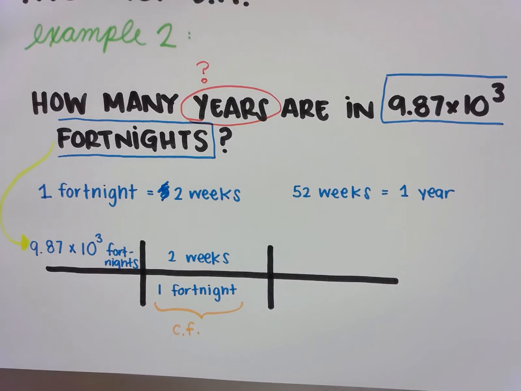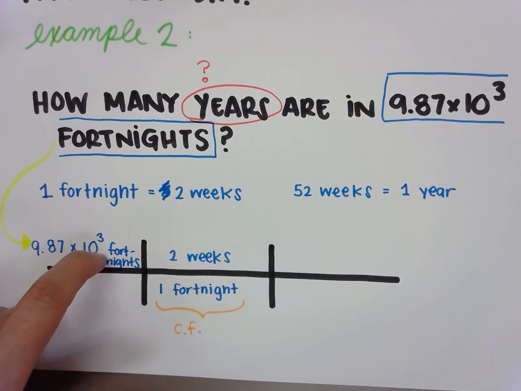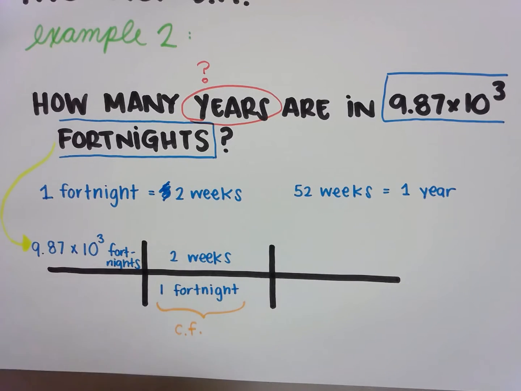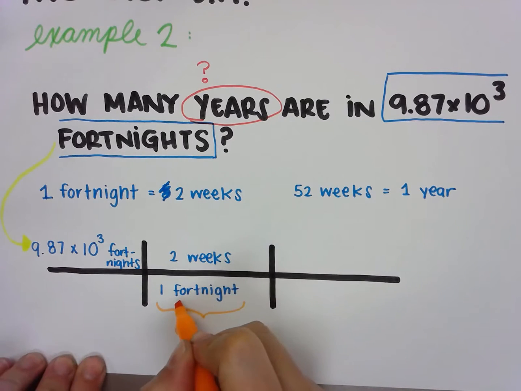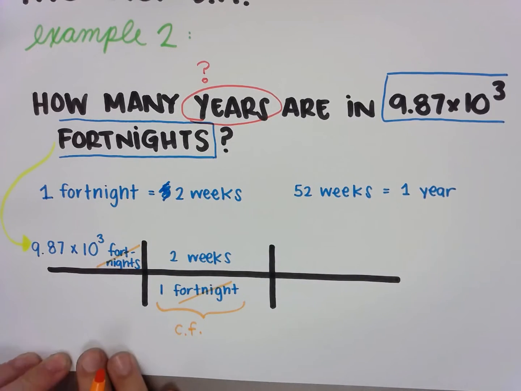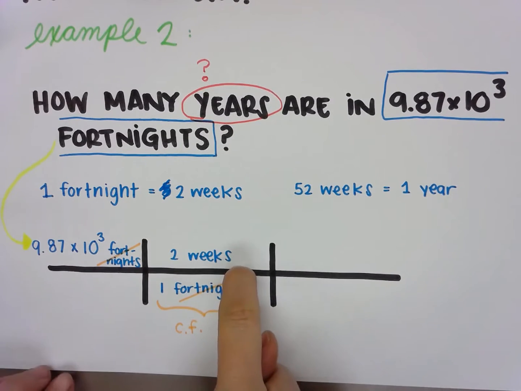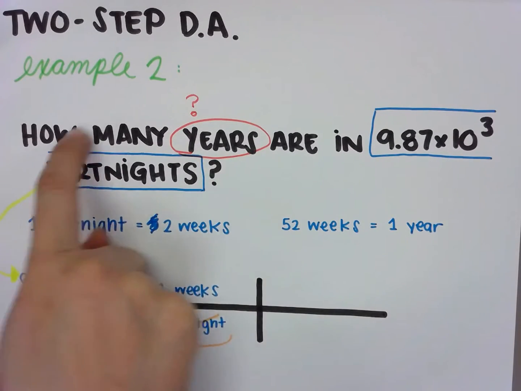Just like in math, a unit divided by a unit, or a number divided by itself, is equal to 1. So we can take these fortnights and cancel them out unit-wise, and what we're left with is units of weeks. The problem is, again, we're looking for how many years.